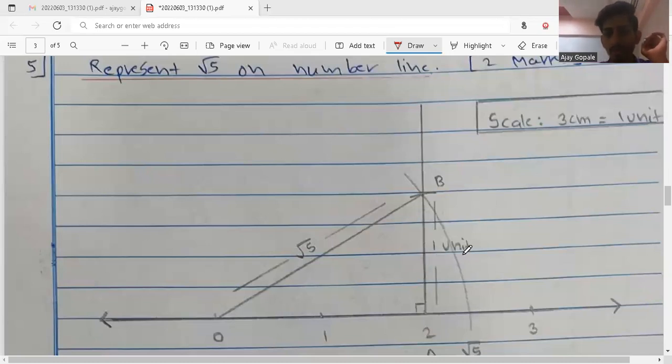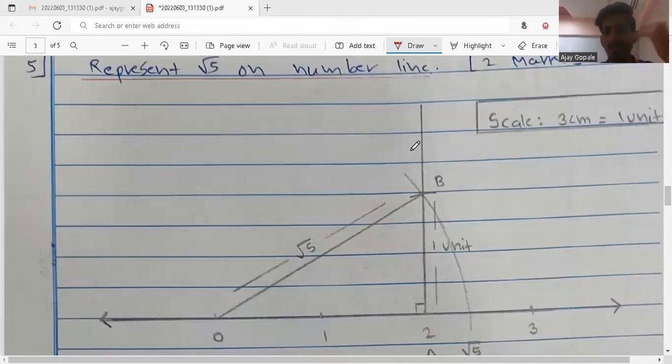Don't forget to mention this one in it, root 5 over here, and don't forget to give the naming to this triangle OAB.